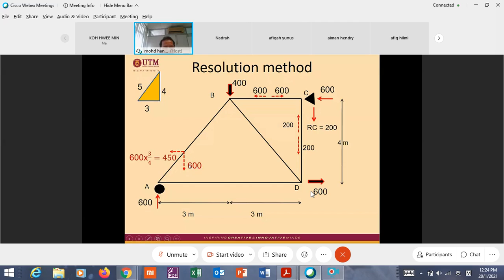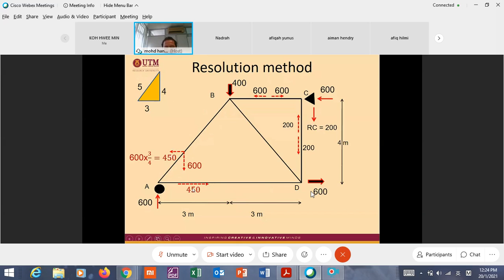Oh, you go to here first. There must be a force here so that it is in equilibrium. So this one should be 450. When this is 450, then it should also be 450. And what next? To make this member be in equilibrium, you must have another 600 and 450.